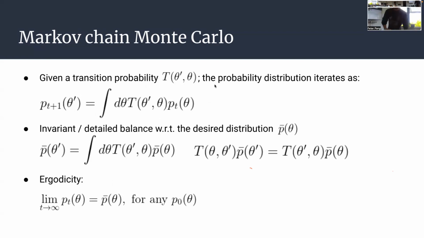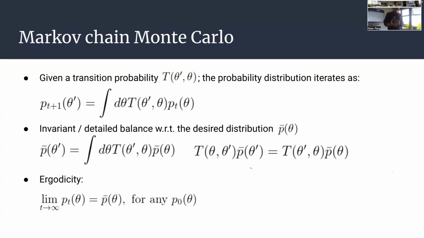What we do is that for any Markov chain, we define a transition probability, describing how it goes from theta to theta prime, and then we can transit this distribution to another state. Because it's a very generic transition, how can we get the posterior distribution out of it?